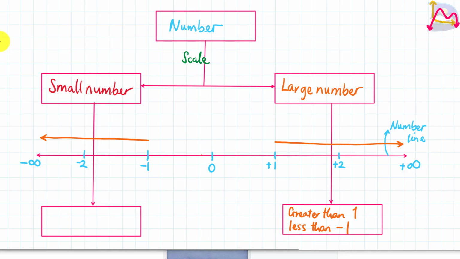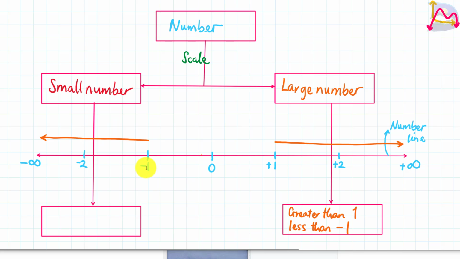Next, for small numbers, we can now see where they're positioned looking at this number line. Indeed, they are positioned either at 0 or between 0 and +1, and 0 and -1.